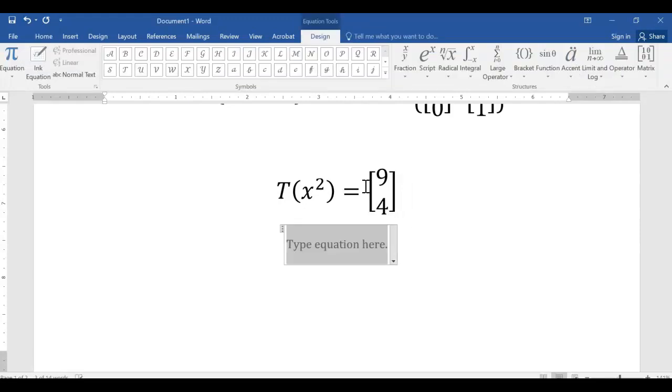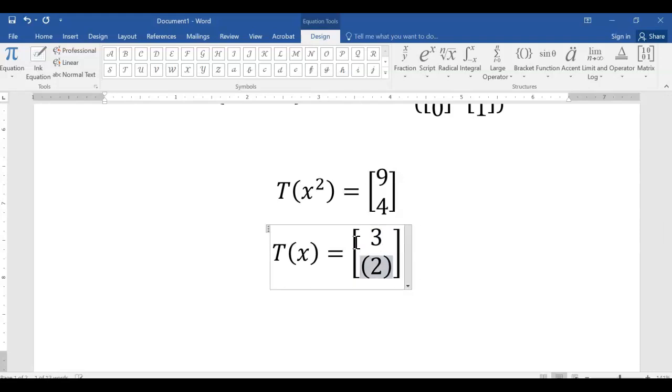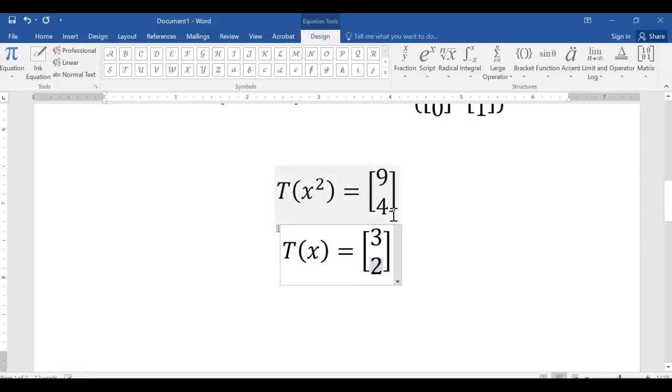What's going to happen when I plug in my variable x and see where that takes my transformations? Well, transformation, plug in 3, you get a 3. Plug in 2, you get a 2. Hopefully everybody sees what I'm doing. I'm just plugging into this variable here, plugging into that variable there.